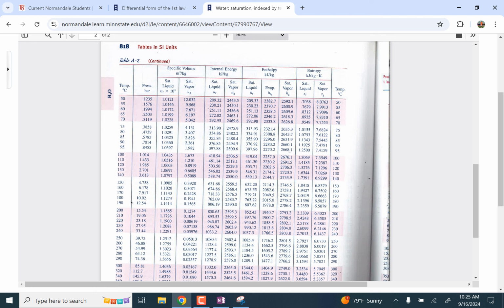But what this is saying is at boiling and atmospheric pressure, the volume taken up by a kilogram of liquid water is 1 times 10 to the minus 3 cubic meters. The volume taken up by a kilogram of steam at the boiling point is a little over 1,000 times as much volume.